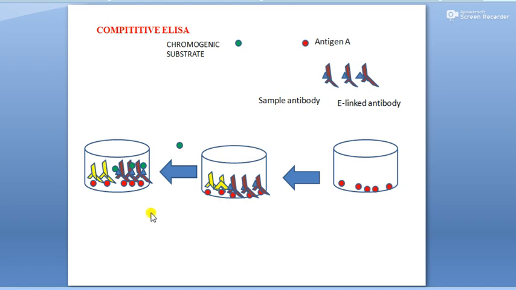So here you can see the enzyme linked antibody wins this competition. That means the samples which we used are low in concentration. That's why they produce less absorbance, or less color, after this competitive ELISA.